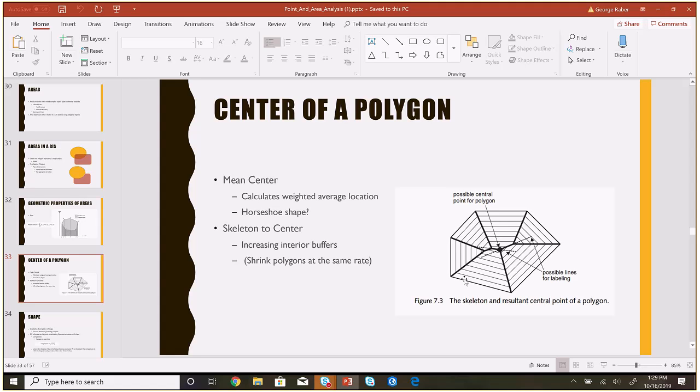If you have a very regular polygon, it is possible to have two centers, and it chooses the one that's closest to the mean center. But that's the skeleton to center. Increasing interior buffers. In other words, it's buffering it until it finds the center. And I didn't mean to say slowly. It does it very quickly.